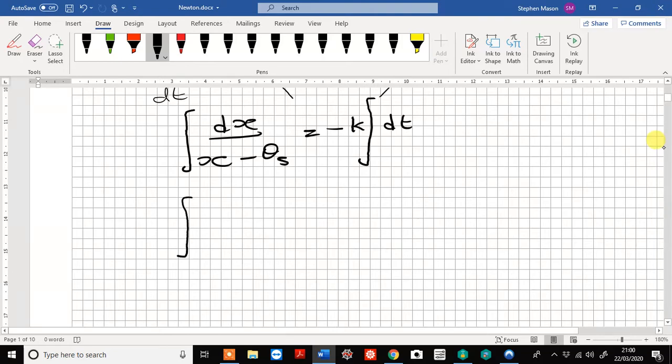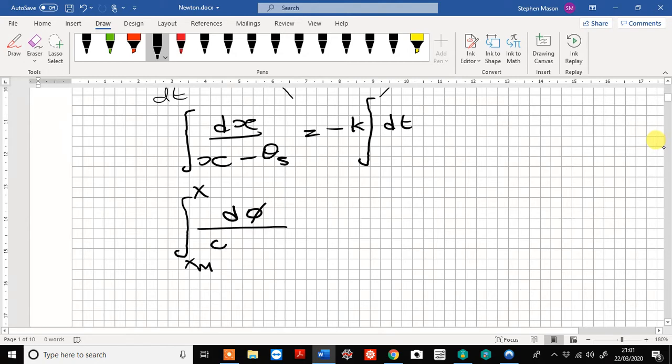If we put limits in, such as x m for the maximum temperature and x at any time t, then we have to change the variable and use a dummy variable, which I will call phi.